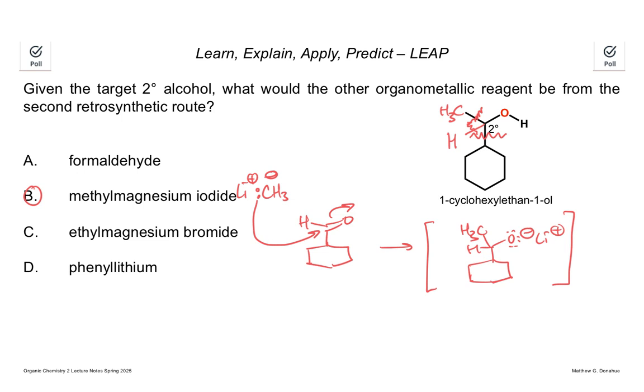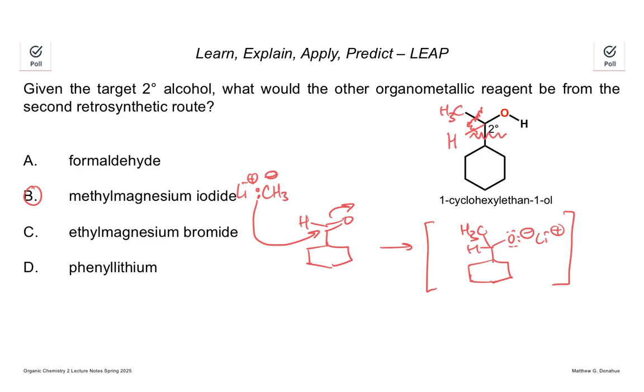Questions? Is there a sequence we follow from methyl magnesium iodide with the aldehyde, and then we get that?